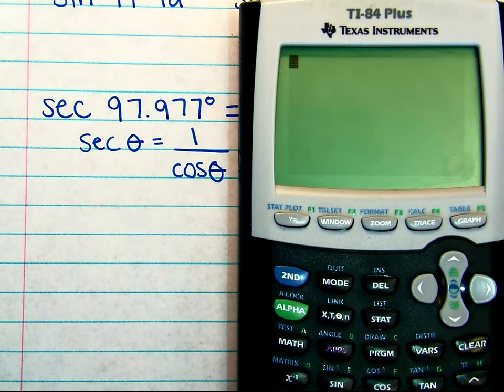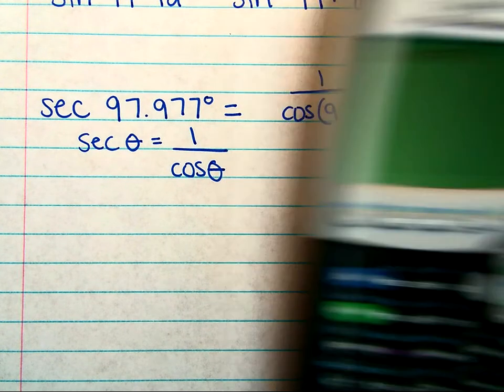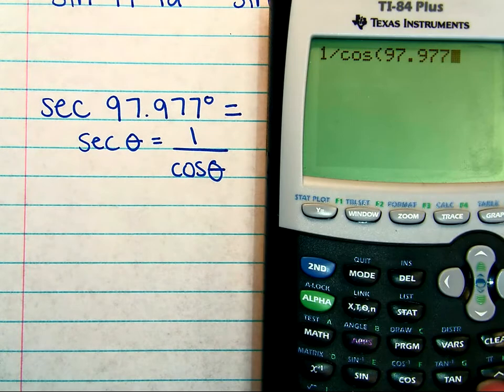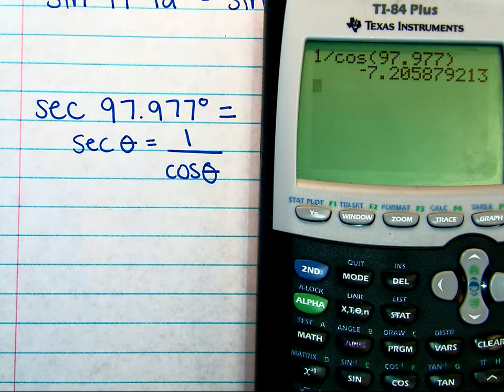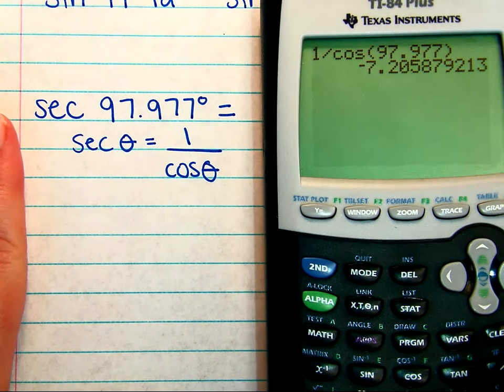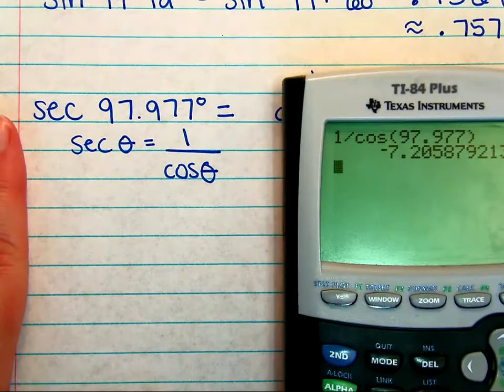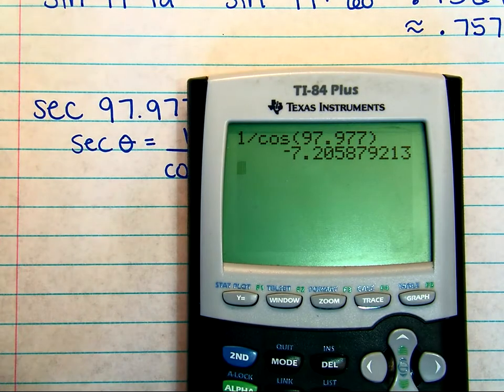So 1 divided by cosine 97.977. I get negative 7.2058, which should make sense because if you remember, secant and cosecant have to be numbers outside of 1 to negative 1. So that makes sense.